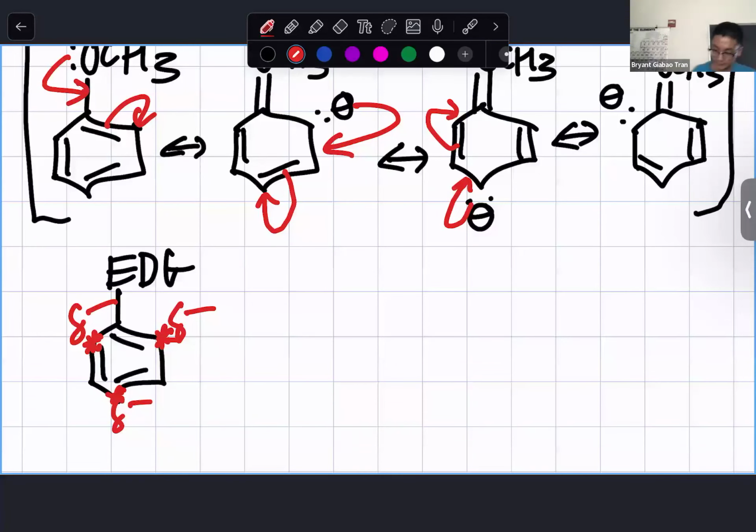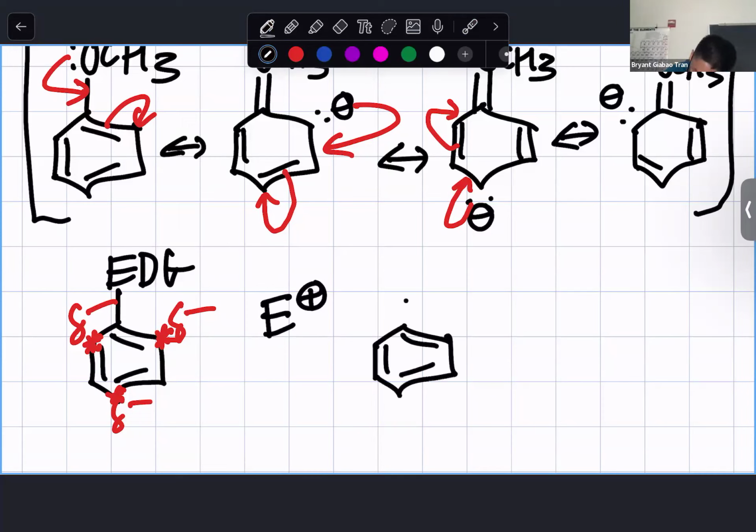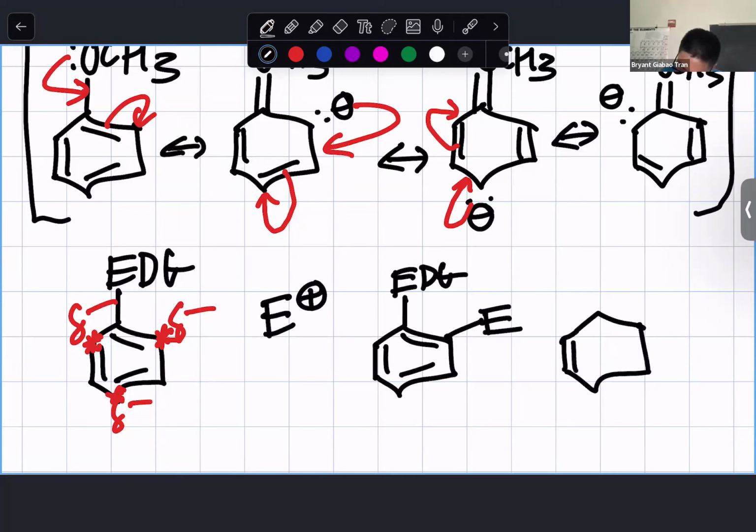So that's why if we introduce some kind of electrophile, either the ortho position or para position would attack that electrophile. And there is a major product in this case. Do you guys know which one is the major product here?